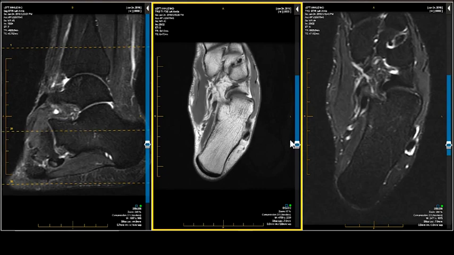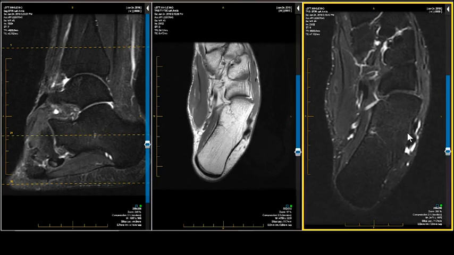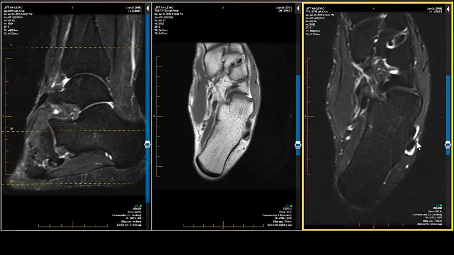Wow, that's a lot. Now, I allow fluid around all the tendons, about 1 millimeter in thickness, except the anterior group. The anterior group should have no fluid. So this is abnormal.